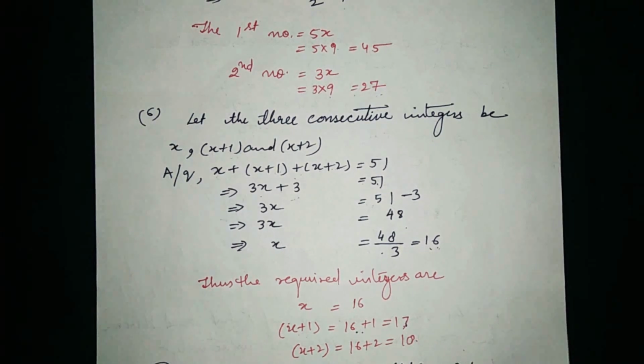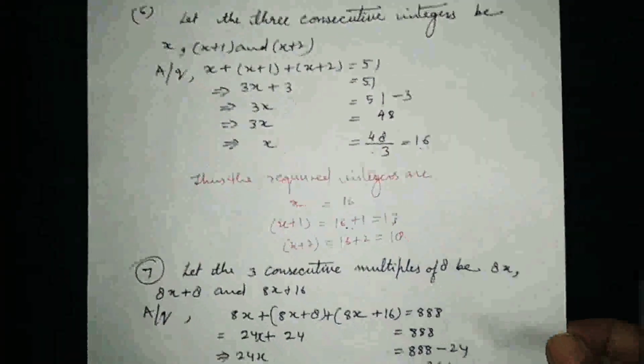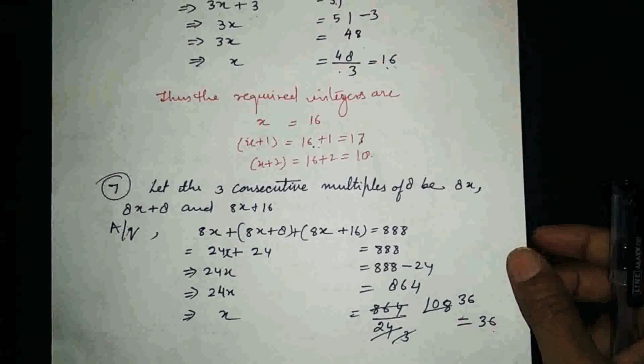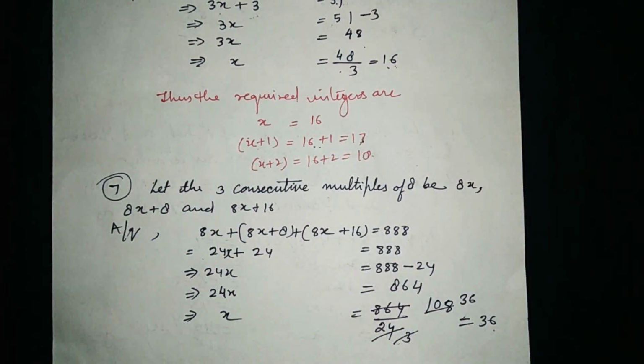Now see the question number 7. Here question 7 is: the sum of 3 consecutive multiples of 8 is 888. Find the multiples. So here we will assume 3 consecutive multiples of 8.